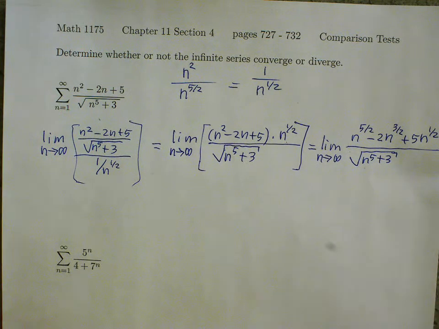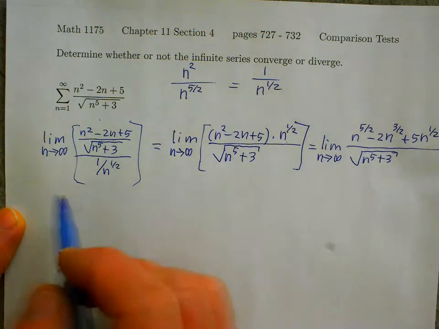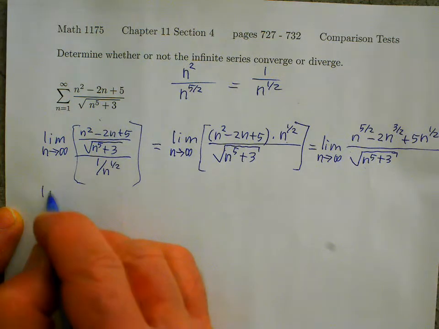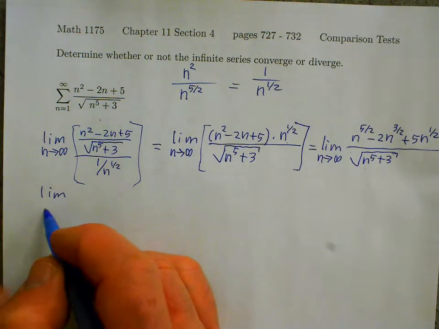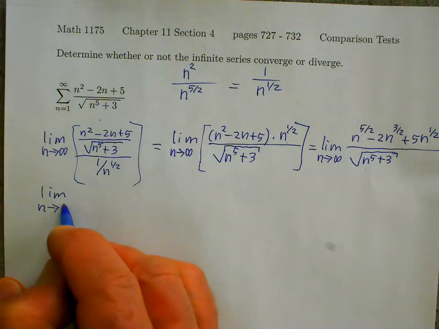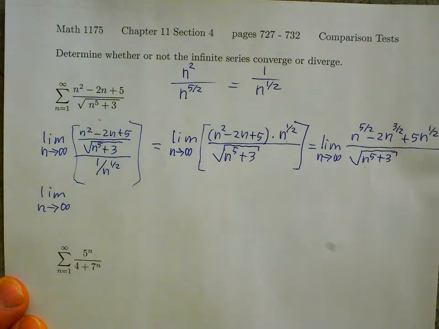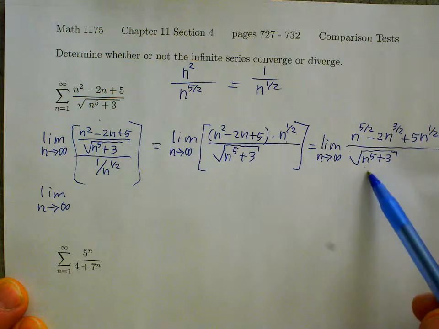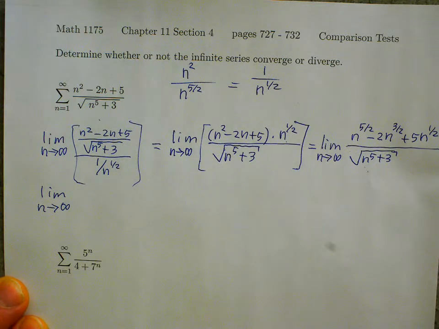So we multiply by 1 in the form of 1 over the square root of n to the fifth divided by 1 over the square root of n to the fifth. Another way to write it is to divide the numerator by the square root of n to the fifth, and then divide the denominator by the square root of n to the fifth.